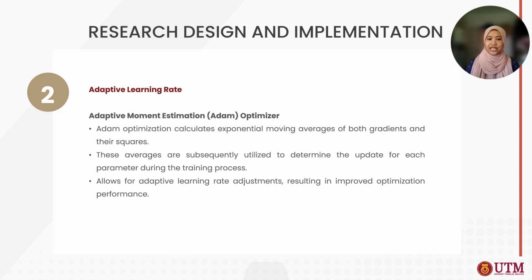The next one is adaptive moment estimation, which is the Adam optimizer. Adam optimization calculates exponential moving averages of both gradients and their squares. These averages are subsequently utilized to determine the update for each parameter during the training process. It allows for adaptive learning rate adjustments, resulting in improved optimization performance.